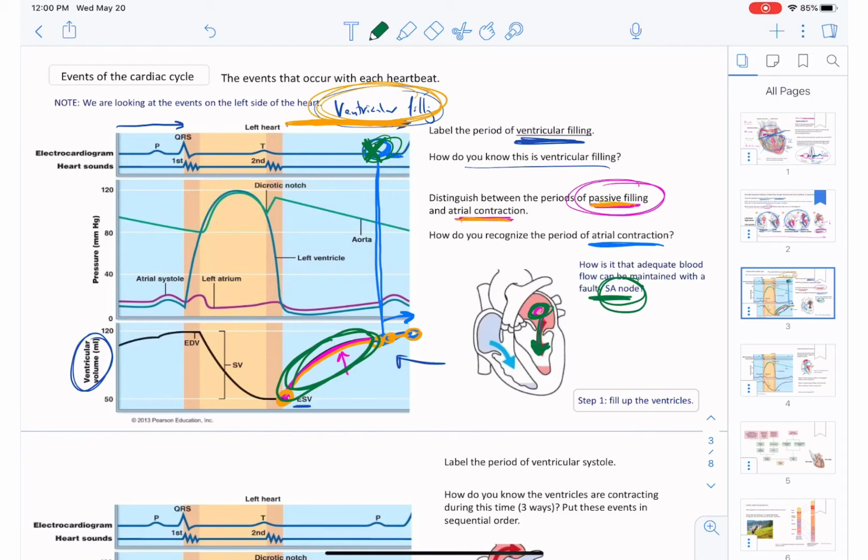So even if your SA node isn't working, your atria are not depolarizing and your atria are not contracting, because of this passive filling, you're still getting enough blood down into the ventricles that the ventricles can pump out an adequate amount of blood into the circulation, and you can maintain adequate cardiac output.